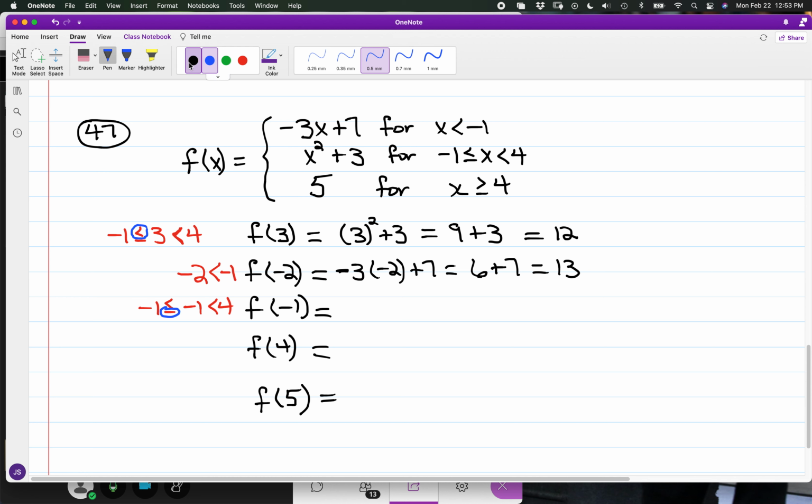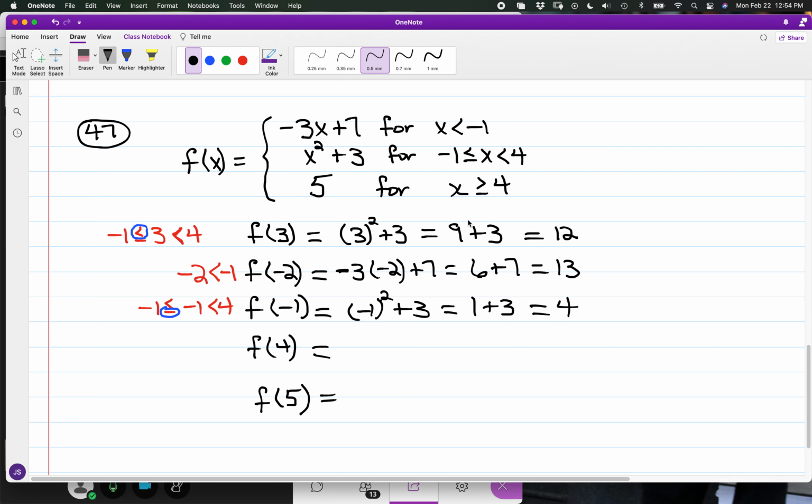And just like what I did with 3, I'm going to take negative 1 squared and add 3. So negative 1 squared is 1, plus 3, which is equal to 4.